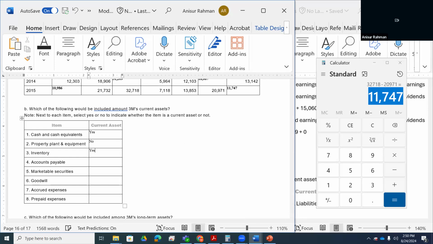Inventory, yes. Accounts payable is a liability. Marketable securities, yes. Goodwill, it is an asset, but a long-term asset. Accrued expenses, it is a liability, so no. Prepaid expenses, yes. For example, your advance payment for rent or insurance.